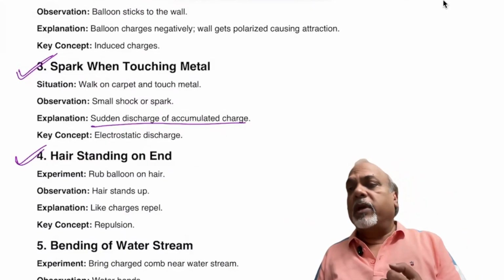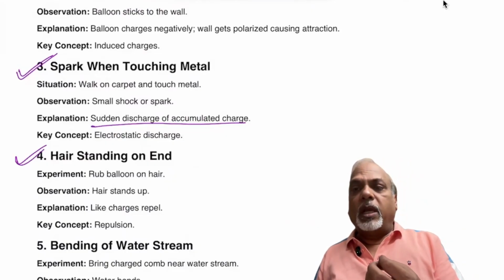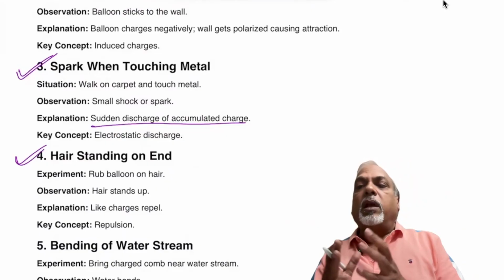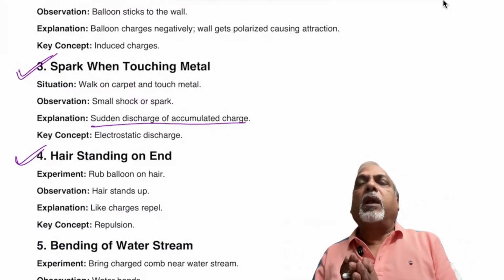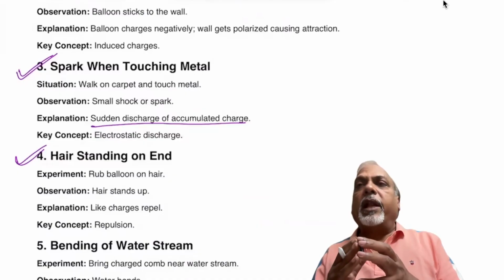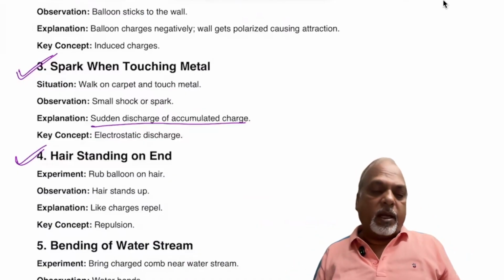Hair will acquire some kind of charge, that will be one type of charge only. Since it is one type of charge, either positive or negative, and charges repel each other, that's why your hair stands up.